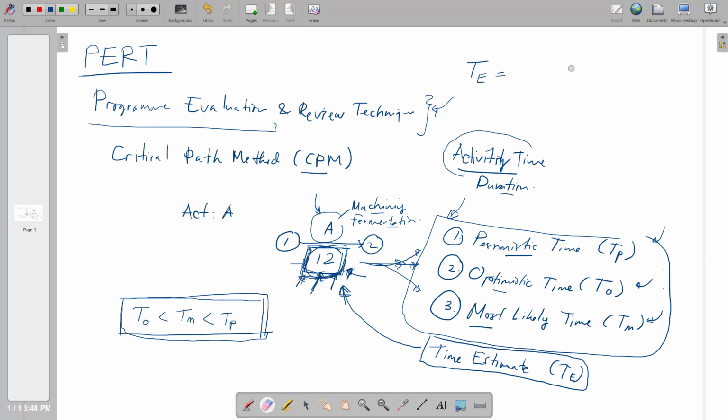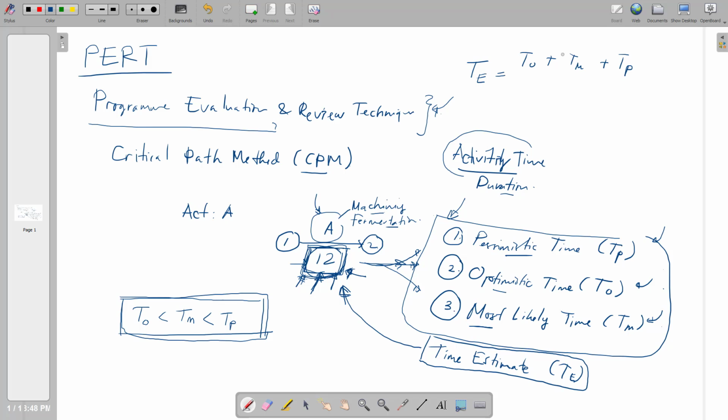One moment. So the optimistic time plus the most likely time and the pessimistic time.